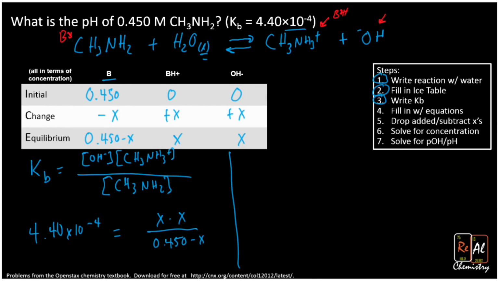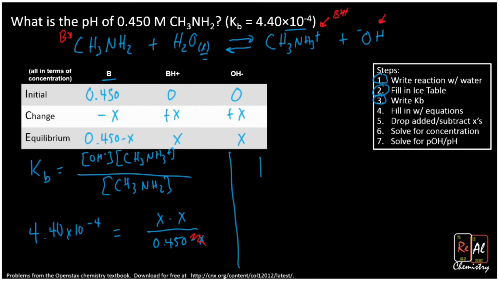Remember that if we have small Ks on the order of 10 to the minus 4, we can drop added or subtracted X's. You don't have to. You could keep the X and you would get the right answer. Actually, you would get a more precise answer. But we can drop the X, and that saves us a lot of time. So that's true for weak acid problems and for weak base problems. You can always drop that added or subtracted X.